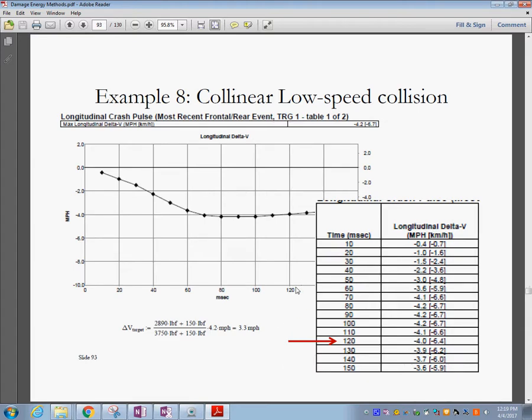All right. I want to show you this graph that you see, which comes from the airbag control module. This is the timing in milliseconds. Do you see how small this is?